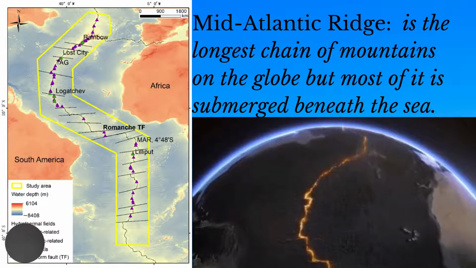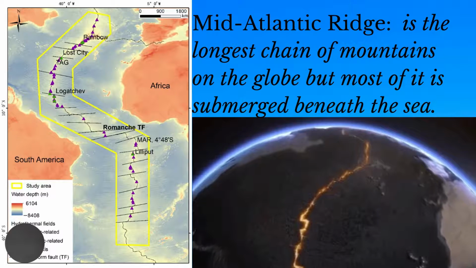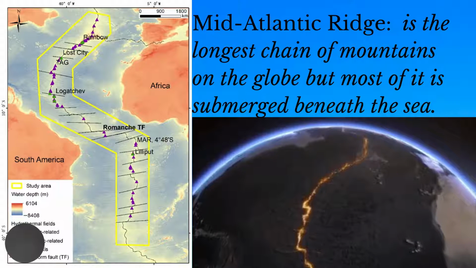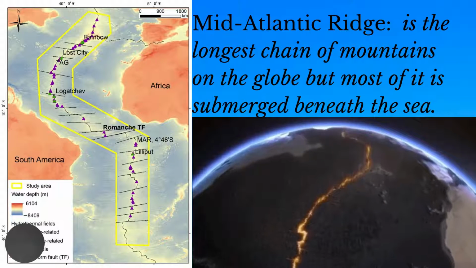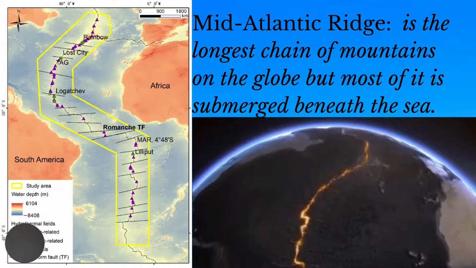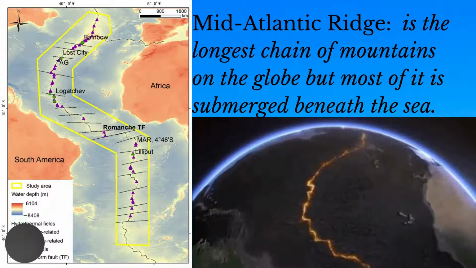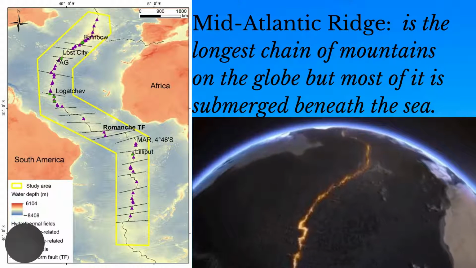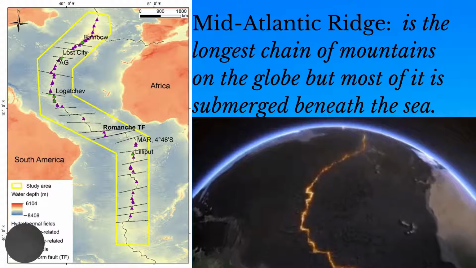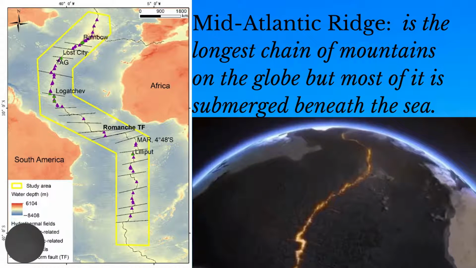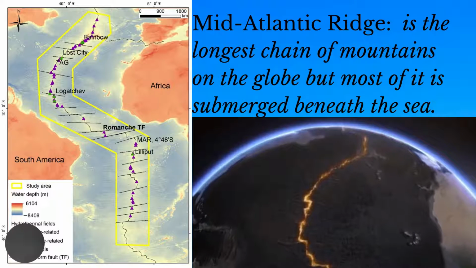So this is the Mid-Atlantic Ridge, and the Mid-Atlantic Ridge is the longest chain of mountains on the globe. Let's not confuse it with the Andes. The Andes is the longest fold mountain range, but the Mid-Atlantic Ridge is the longest chain of mountains.